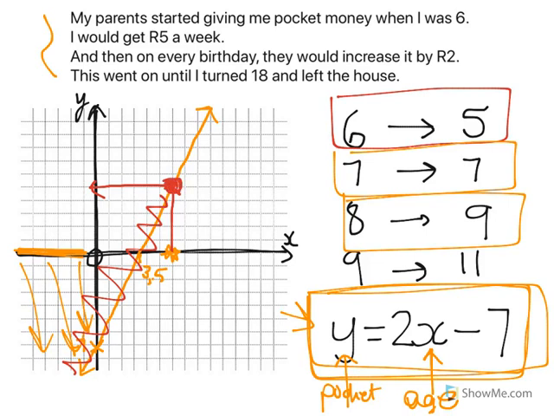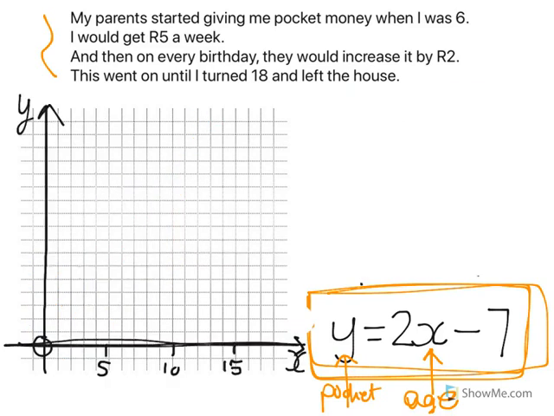And then the other important thing is that it doesn't go on indefinitely until I'm infinitely many years old. It stops when I'm 18 years old. So the correct graph to represent this context would be, right, the money giving began when I was 6 and I got 5 Rand.